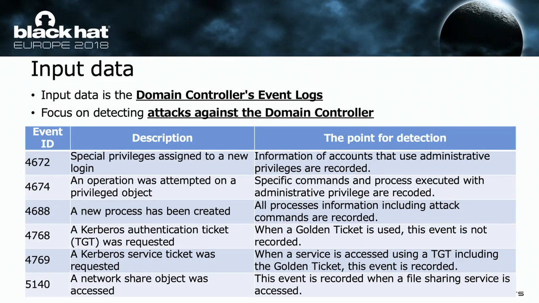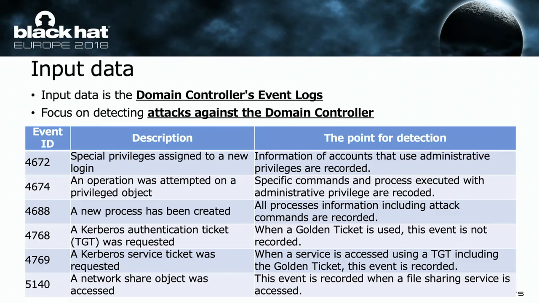We use only the domain controller's event logs for input data. Activities that occur in Windows systems are recorded in event logs on each computer, but it is not realistic to investigate the event logs of all computers.